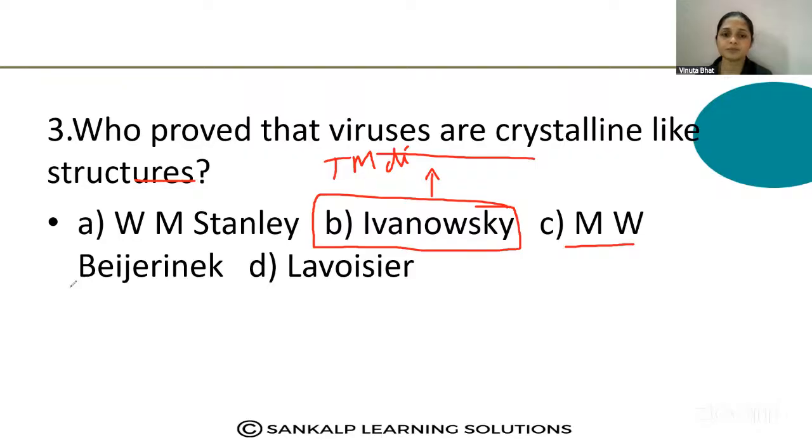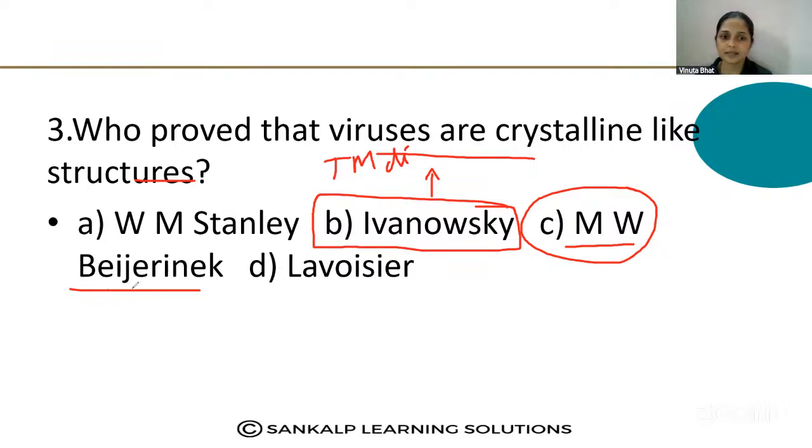M.W. Beijerinck observed some microorganisms which are responsible for the TMV disease. He extracted the liquid of the plant which was affected by the tobacco mosaic virus, and he proved that these microorganisms transmit the disease from infected one to the healthy one.